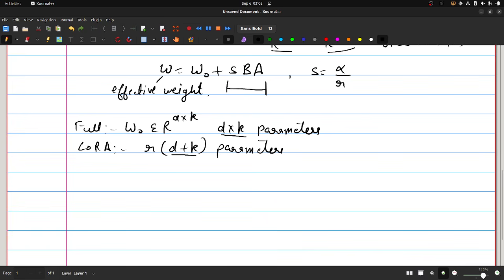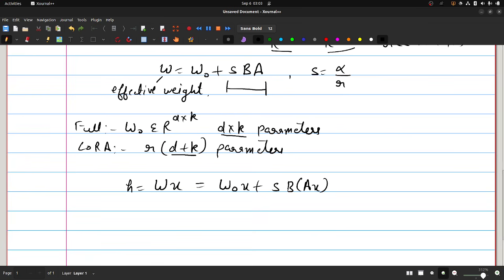The output of the model is just W transpose X, so we can also write it as the effective weight times X. This is equal to W0 times X plus S times B A times X.